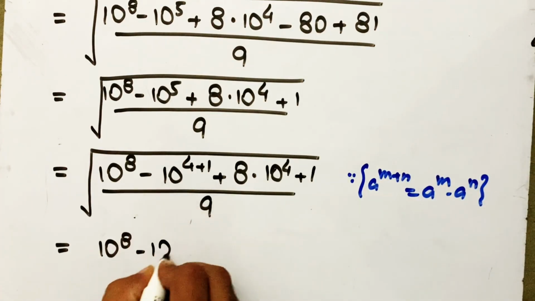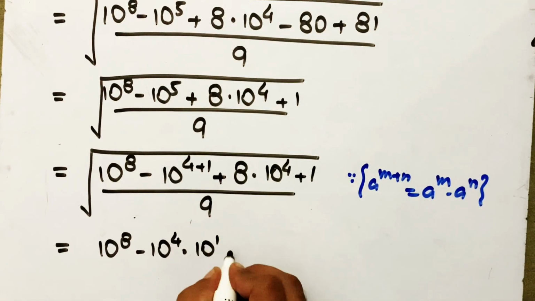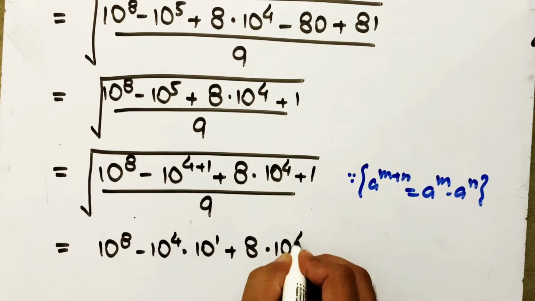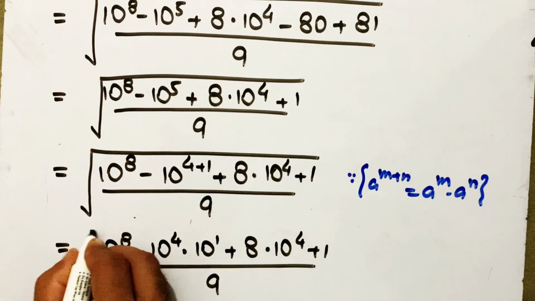So our equation becomes 10 to the power of 4 into 10 to the power of 1, plus 8 into 10 to the power of 4 plus 1, divided by 9, square root.